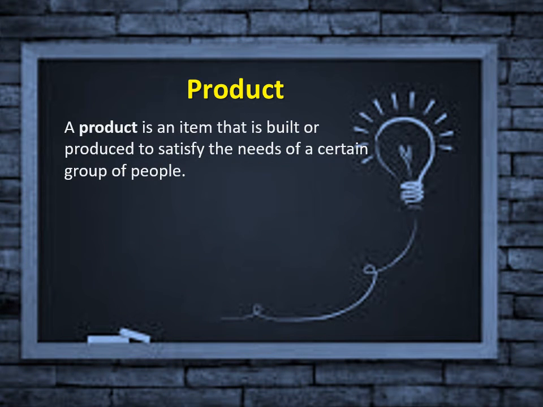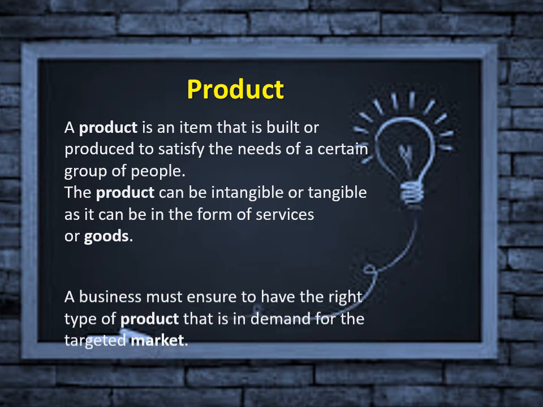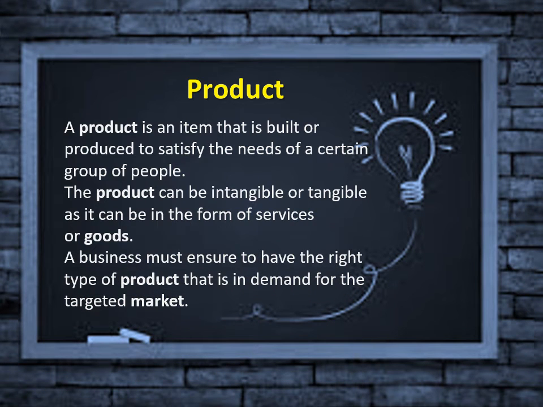A product is an item that is built or produced to satisfy the needs of a certain group of people. Now, these products could be intangible or tangible. And these products or offerings could be in the form of goods or services.